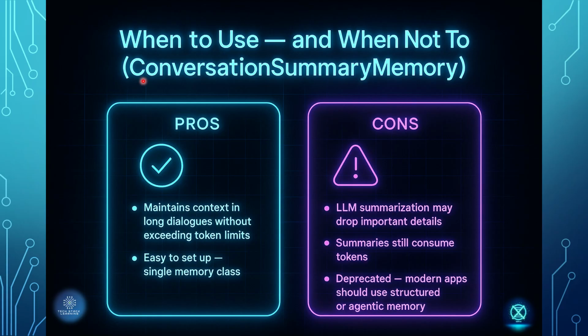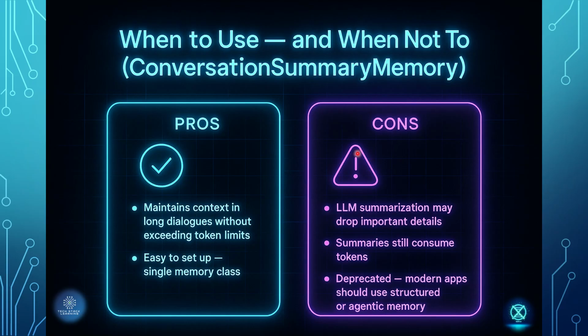Now let's see when to use and when not to use this conversation summary, right? Use it when you want to maintain context across very long dialogues without blowing the token limits, right? So that time you can use this. It's simple to set up, just needs one memory class. Whereas the cons are that it relies entirely on the LLM summarization.